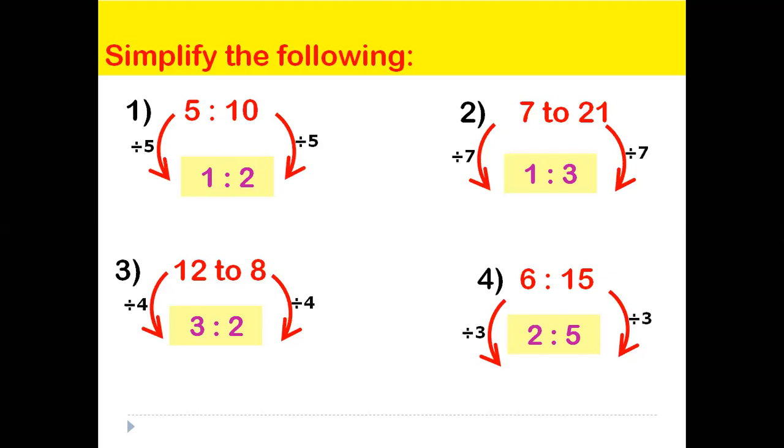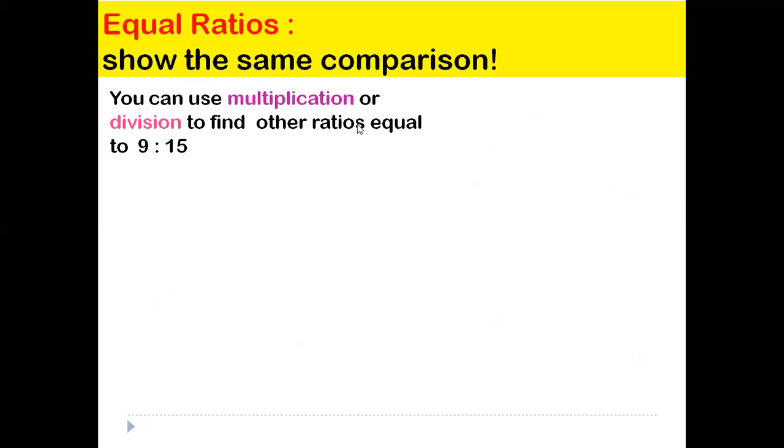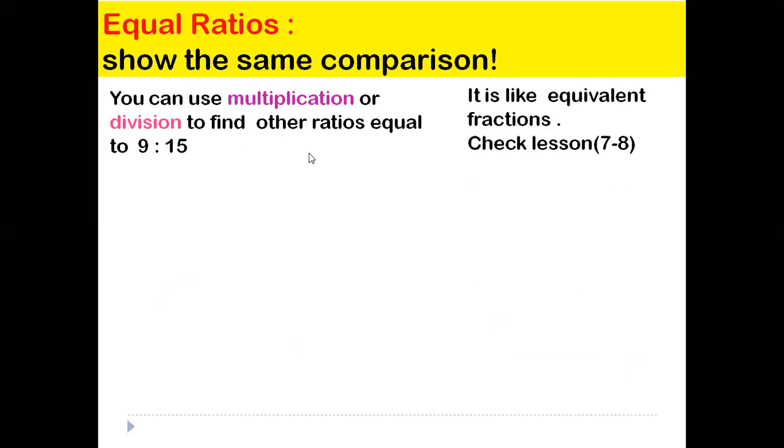See, it's exactly as the fractions, but it's different by just the way of writing the ratio. Now, we're going to talk about equal ratios. Equal ratios means they show the same comparison. Look, you can use multiplication or division to find other ratios that are equal to 9 to 15, for example.